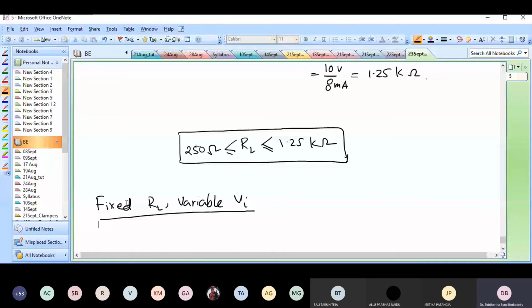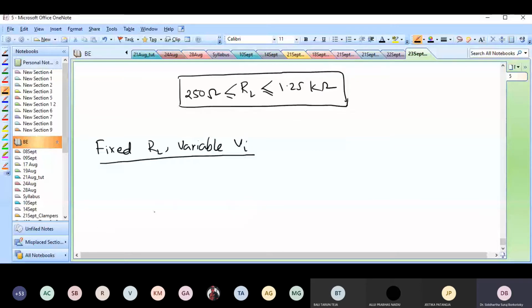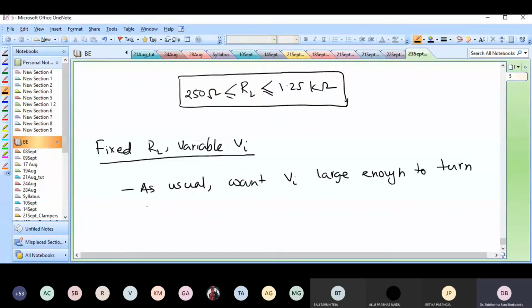In that situation, first of all, same principle as before, I want VI large enough to turn the Zener diode on.